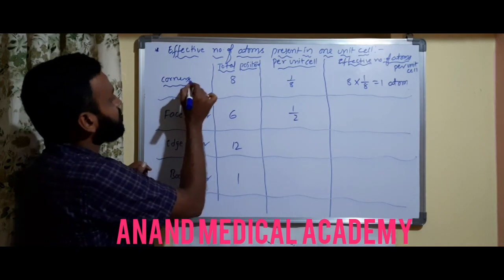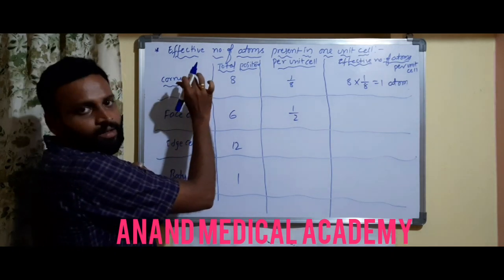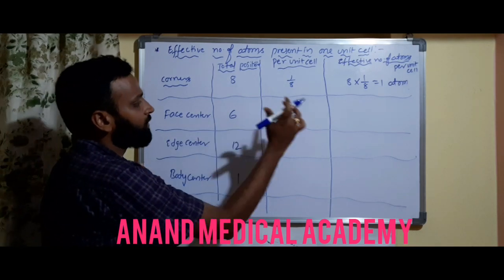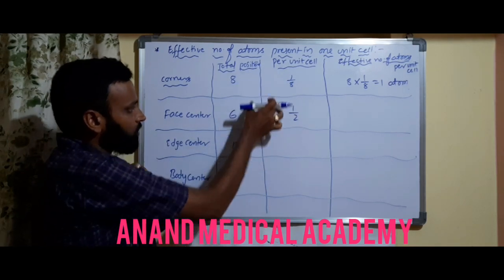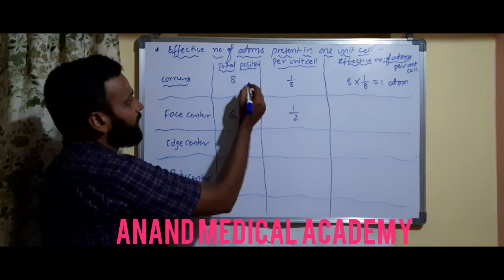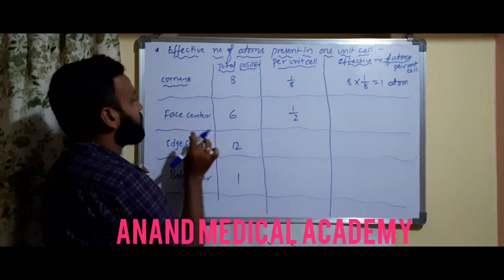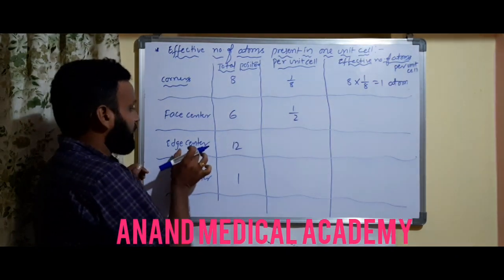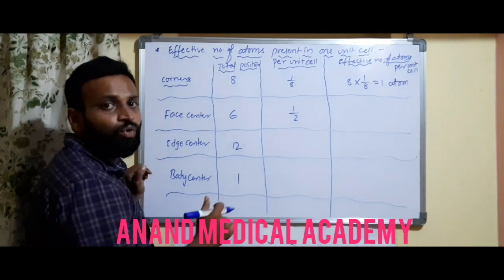A corner atom is shared by 8 unit cells, a face center atom is shared by 2 unit cells. If you want, you can write one more column, shared by. Okay, edge center is shared by, I'll tell you, 4 unit cells.